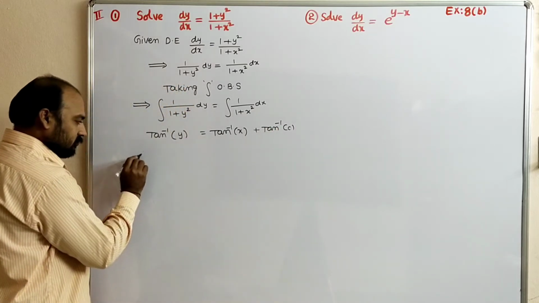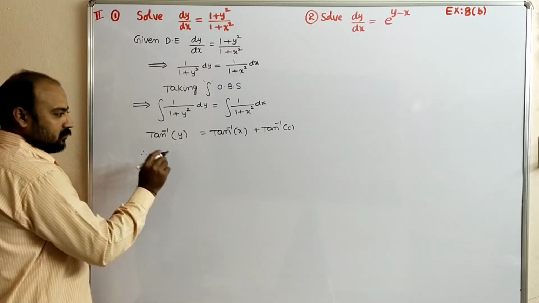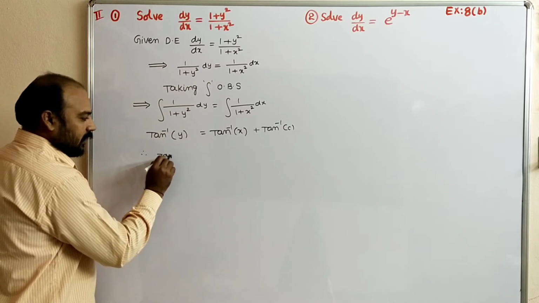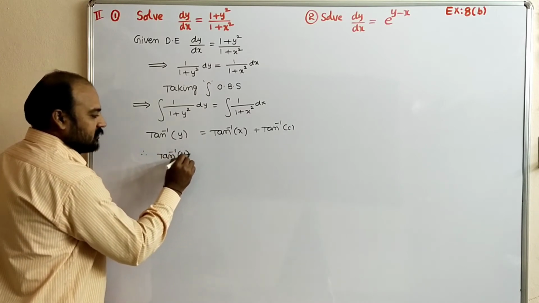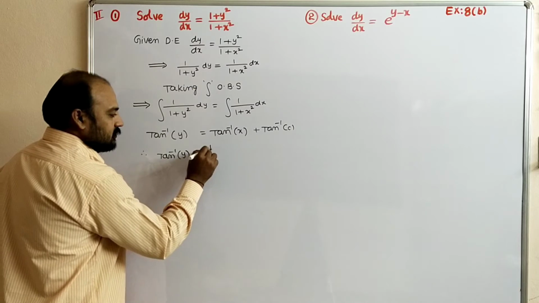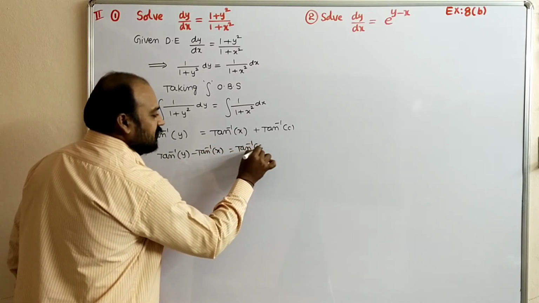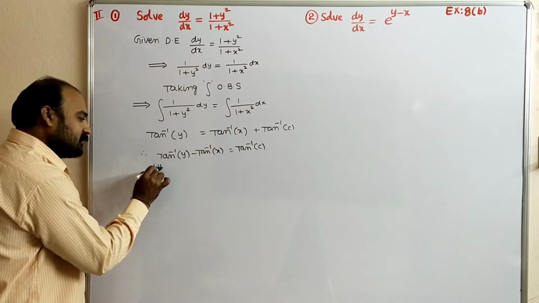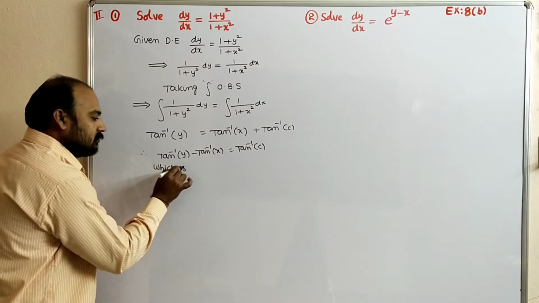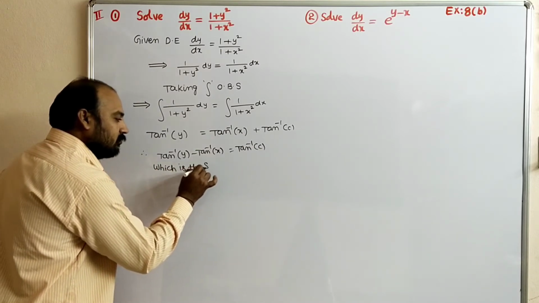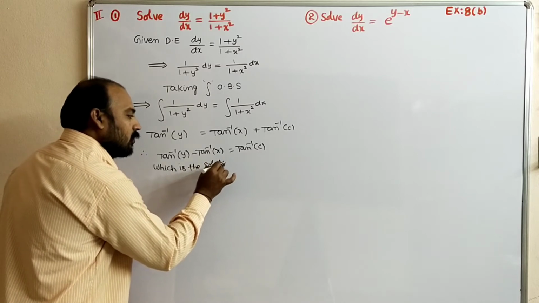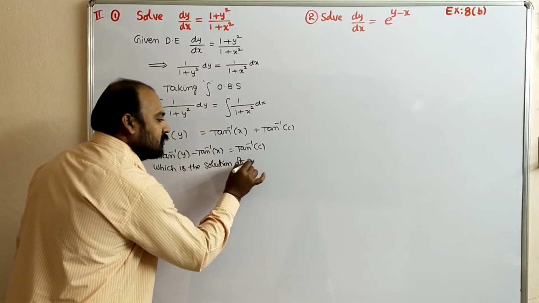So therefore, tan inverse of y minus tan inverse of x is equal to tan inverse of c, which is the solution of the given differential equation.